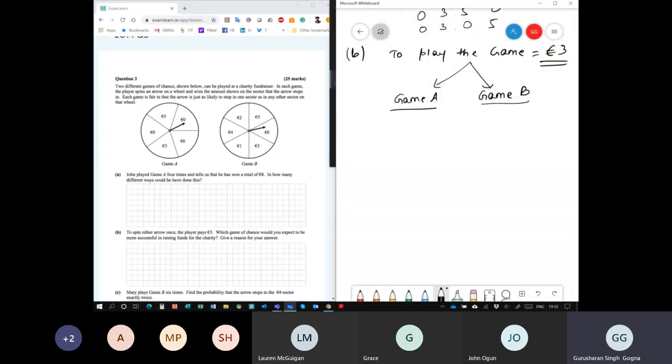In this type of question, what you need to do is find the expected value, and the formula for expected value is sigma x times p(x), where x is the variable, whatever variable is there, and p is the probability.